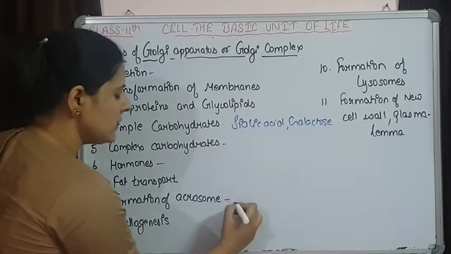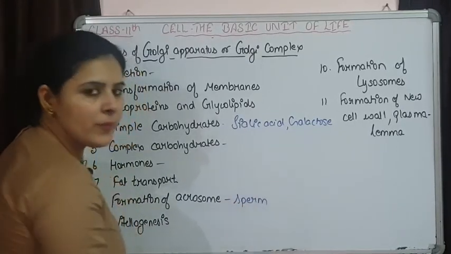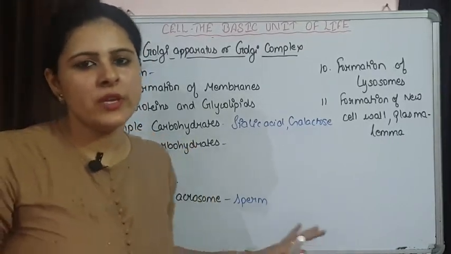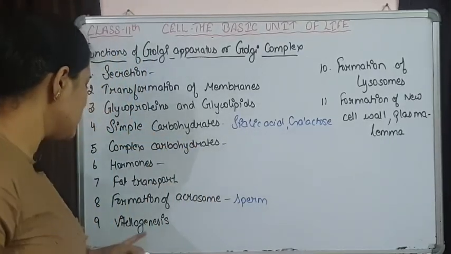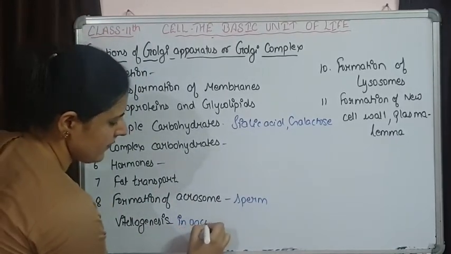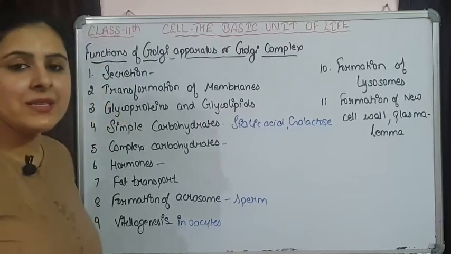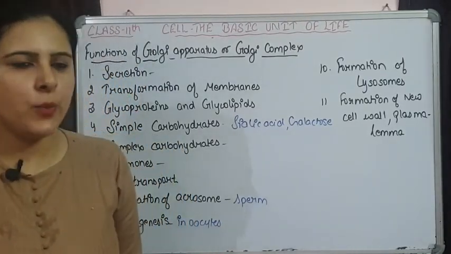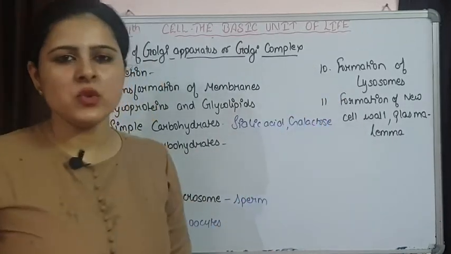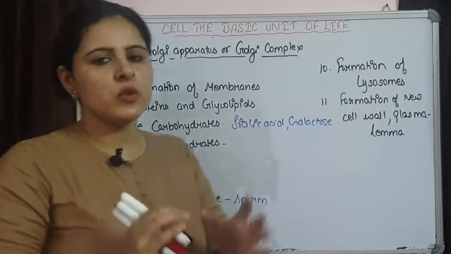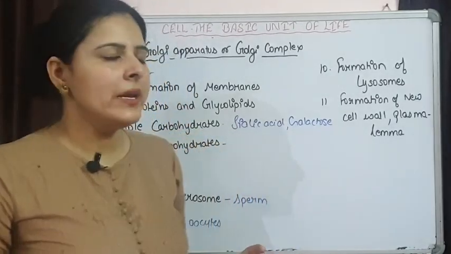In sperms there will be formation of the acrosome that is going to penetrate the ovum, that is a modification of the Golgi apparatus. Then vitellogenesis in the oocytes. This Golgi complex is going to act as a center around which yolk is going to deposit. Formation of lysosomes we have already talked about. Along with the endoplasmic reticulum, it is going to form lysosomes and lysosomal enzymes.